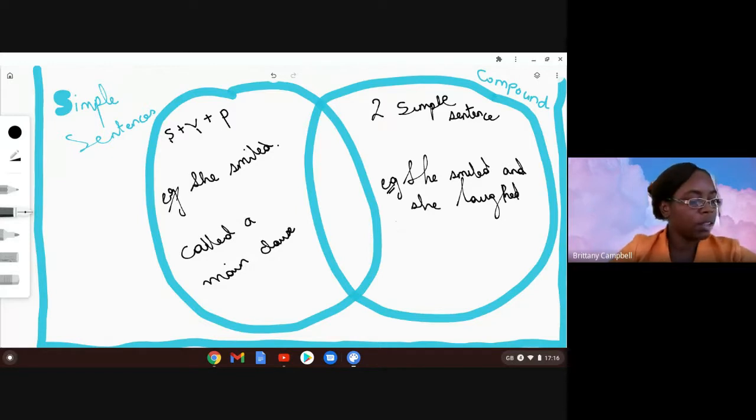All right. So anything else we know? In comparison, what do we know about them? They both have a predicate and a subject. So they both have a subject and predicate. Both have an independent clause.